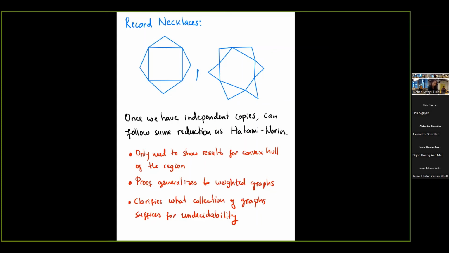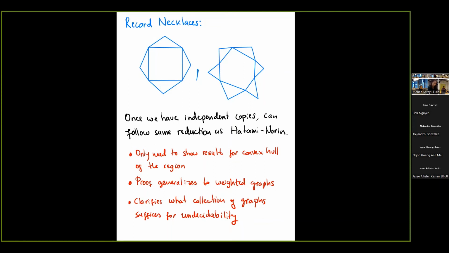Another good thing, and one of the motivations for us to do a different proof from what Khatami and Noreen did, is that this proof generalizes to weighted graphs. So instead of just having edge weights 1, you can have arbitrary edge weights, including negative edge weights. This is where the fact that we're doing even cycles helps, because we're really recording 2K powers, so whether things are negative or not never plays a role.